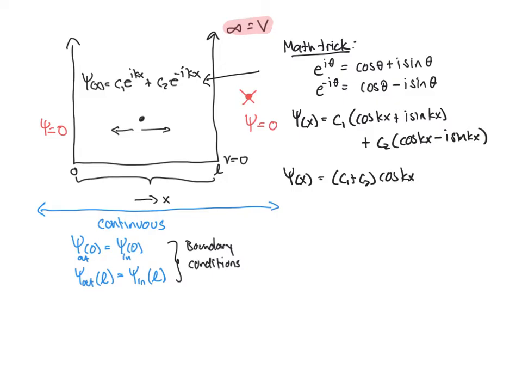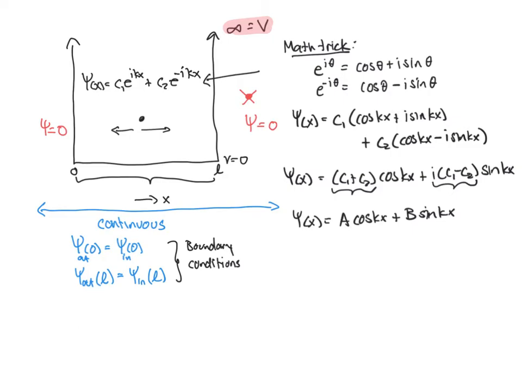And if we collect our sine terms, we have (c1 minus c2) times i sine kx. So these are just constants, and I can rewrite this as A cosine kx plus B sine kx. So there's my wave function inside the box.